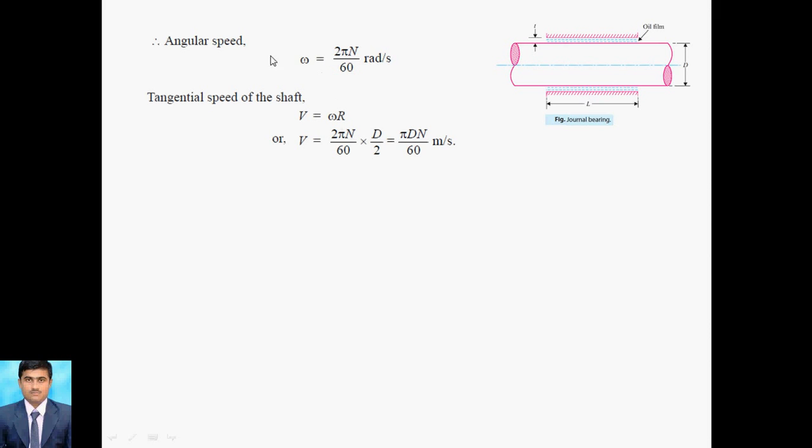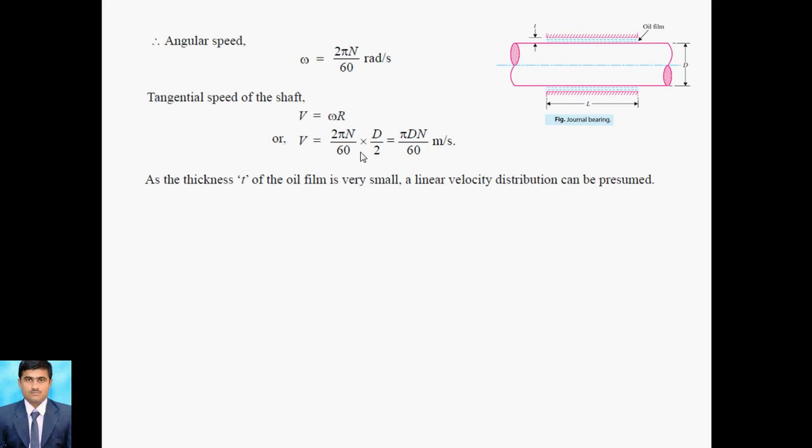Omega is the angular speed, 2 pi N by 60, and r is D by 2, since we consider the diameter. After solving, we get V equals pi D N by 60. This is the tangential speed of the shaft.